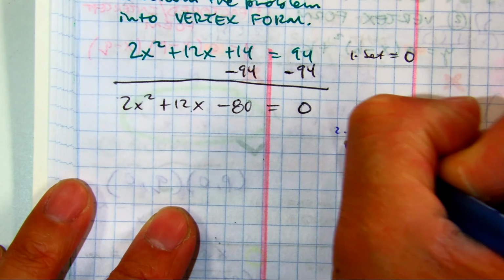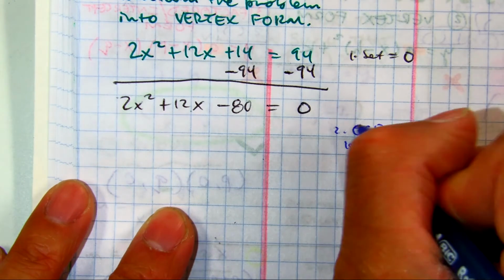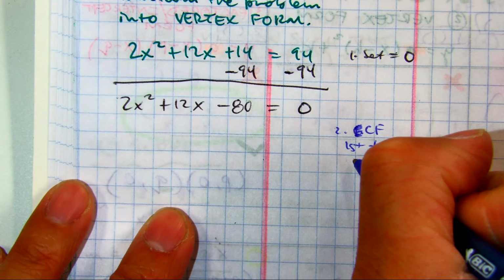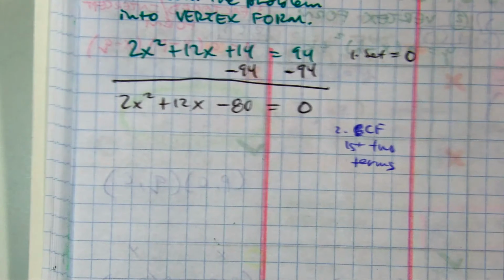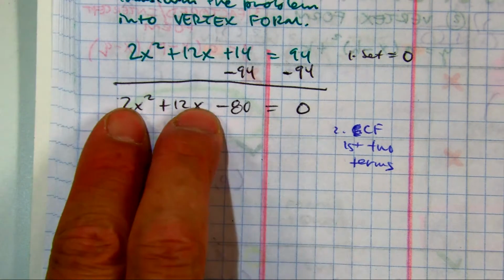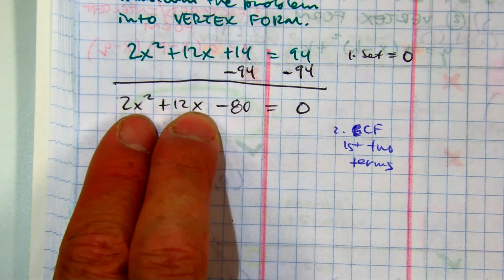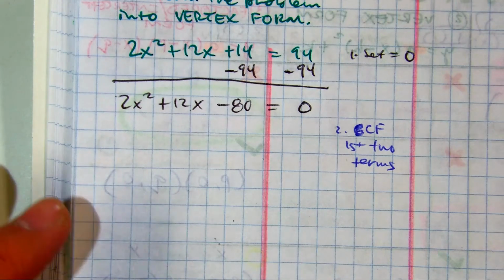GCF of the first two terms. Put your fingers on the x's. That's the one I want the common factor for. And I'm just going to use my leading coefficient, which is what number? 2. Okay.